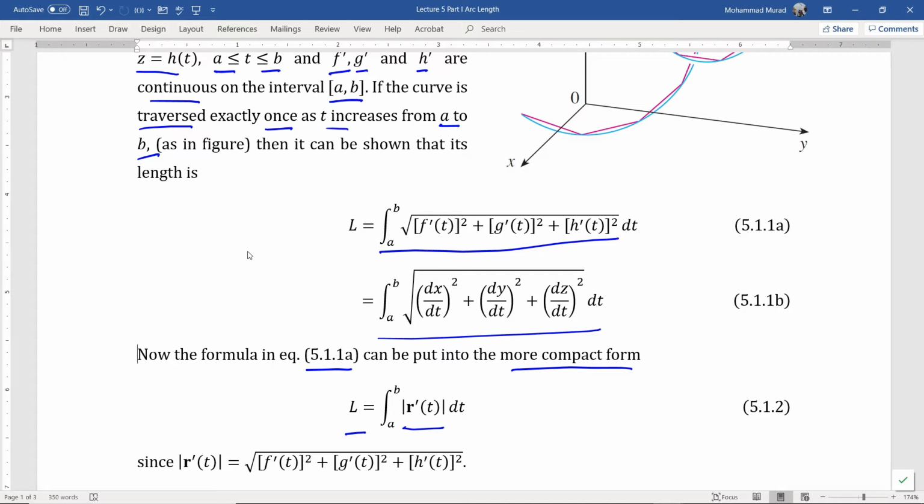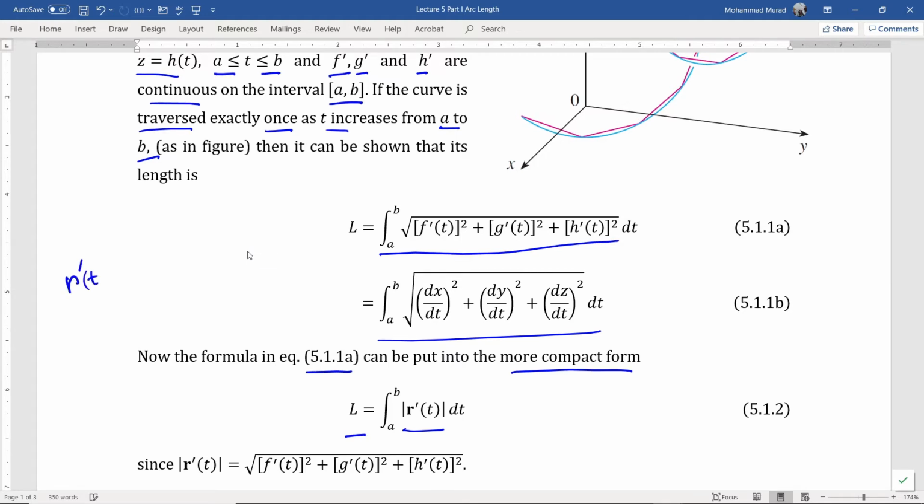Since r prime of t has the form shown, its magnitude is given by this formula.